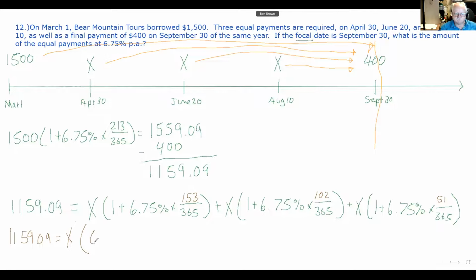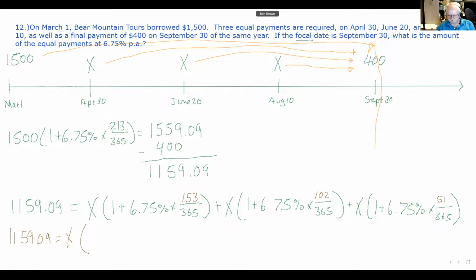So we may as well, rather than writing them all out, at this point, we might as well store them. So let's do these calculations now. 153 divided by 365 times 6.75% plus 1.